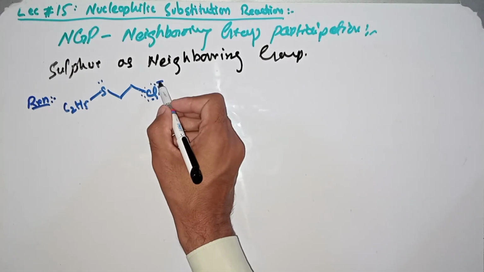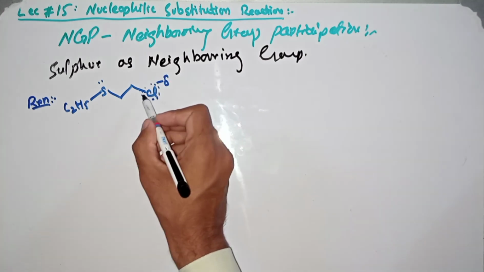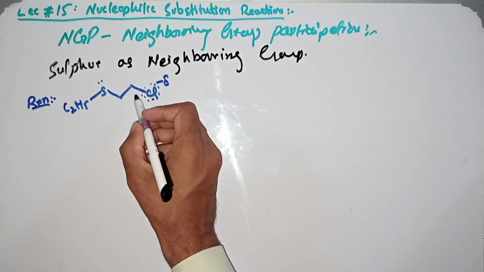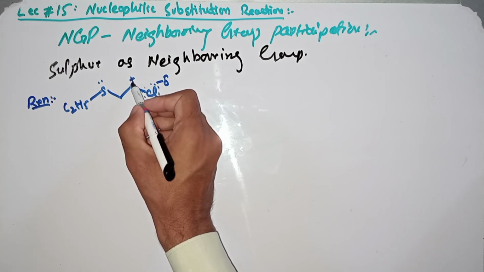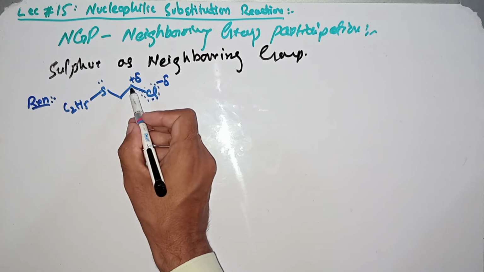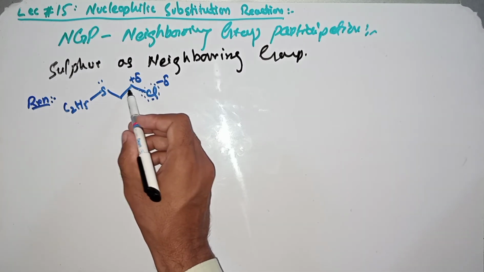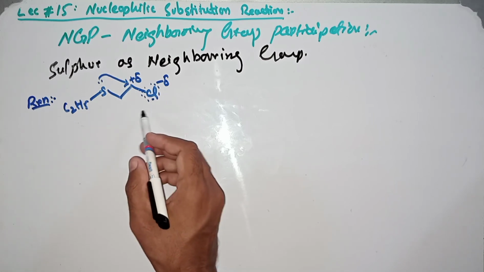That's why it withdraws electrons and gets a partial negative charge, polarizing the bond, and this carbon gets a partial positive charge. So this carbon acts as the electrophile, and this lone pair can attack this carbon easily.